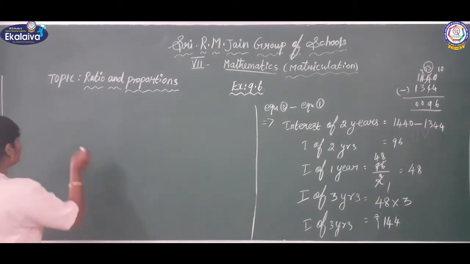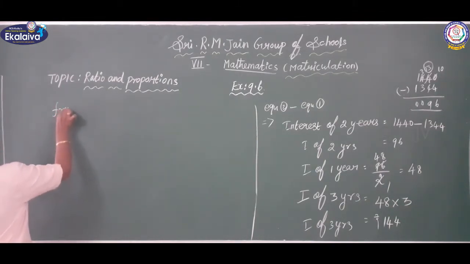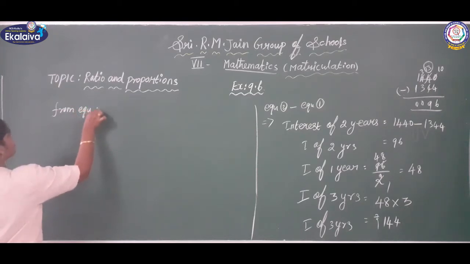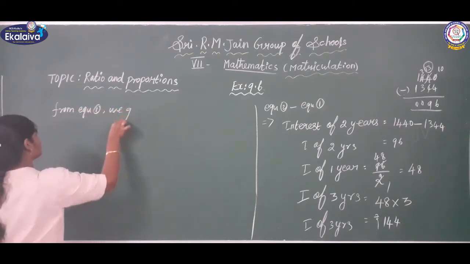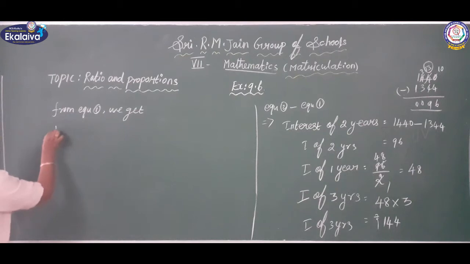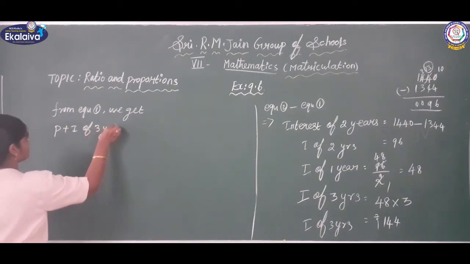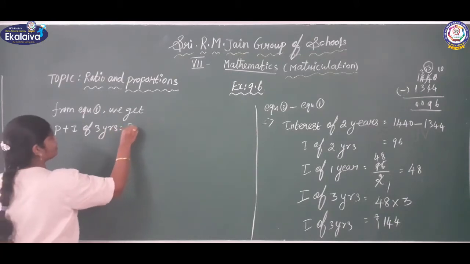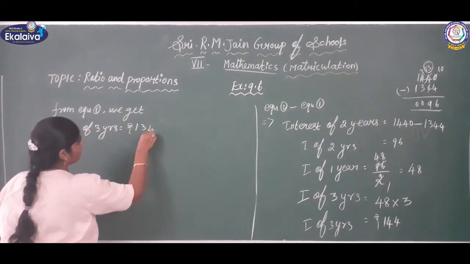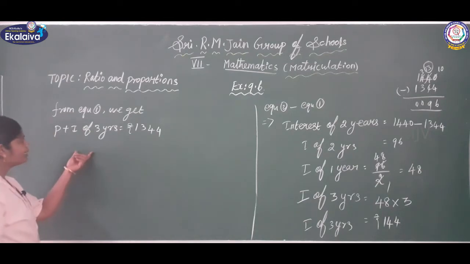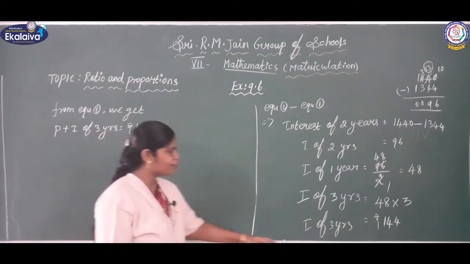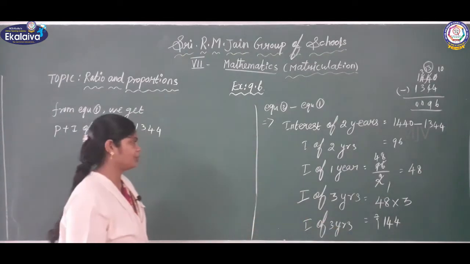Next, from equation 1 we get, what is the equation 1? Principal plus interest of 3 years equal to rupees 1344. Okay. In this, the interest of 3 years we found it, that we are going to substitute.